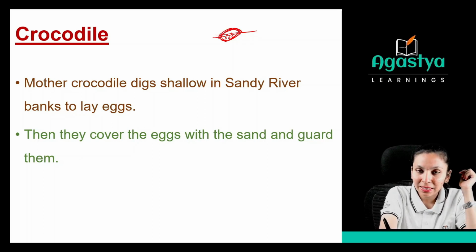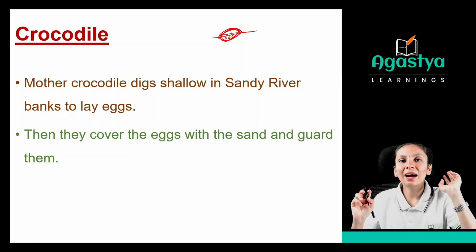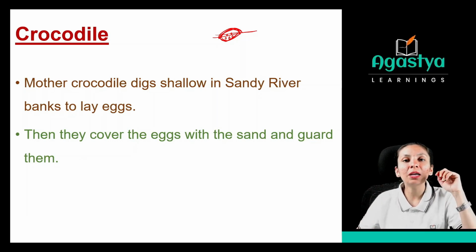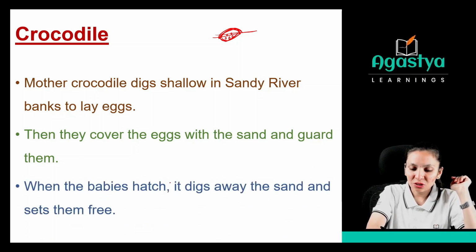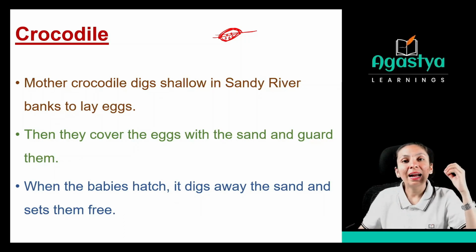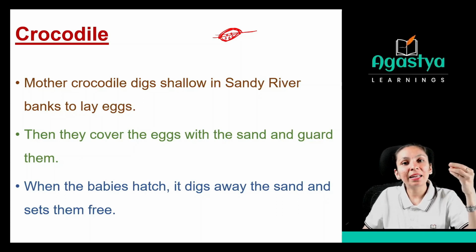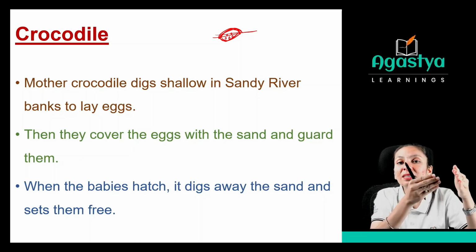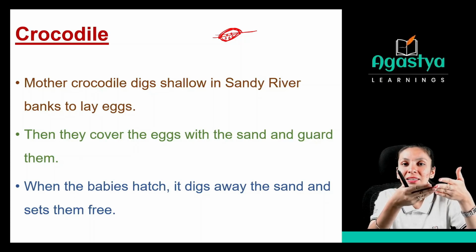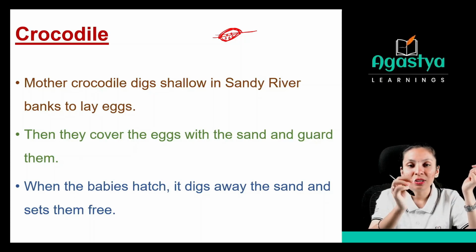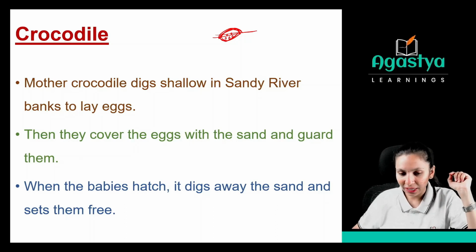Now again, they will cover this area and do the guarding. They will try to keep their eggs safe over there. When the babies hatch, the mother digs away the sand and sets them free. Now the baby is free, right? Now it gets all the nutrients. Again it will become an adult. Now this new adult will lay eggs, and from these eggs again a new crocodile will come out. Okay? So that was about the crocodile life cycle.